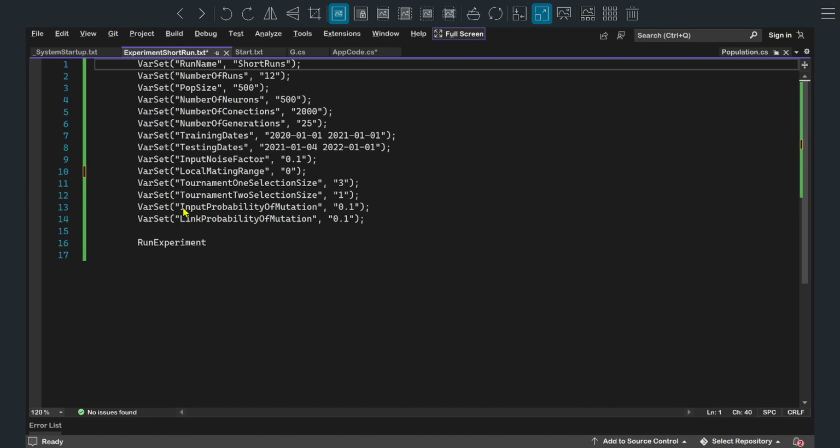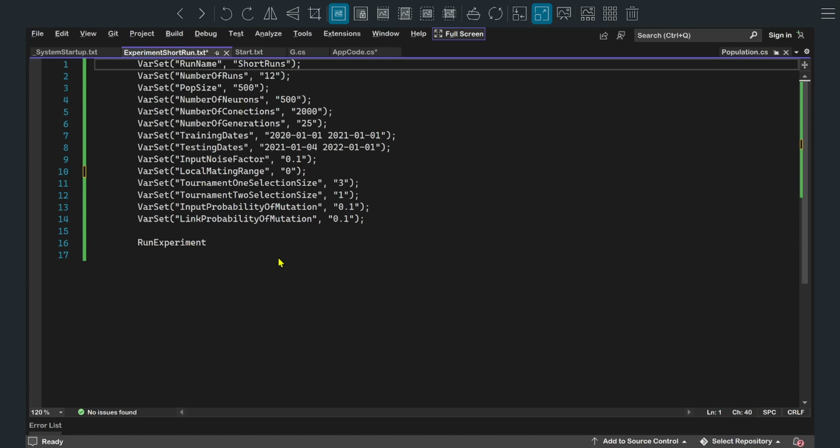One part considers what inputs the neurons are going to use, and the other part controls how the neurons are linked to each other. Each of these has a 10% probability of mutation. This is the actual script that runs the program. After you've set all these variables, you then simply put in the command run experiment.